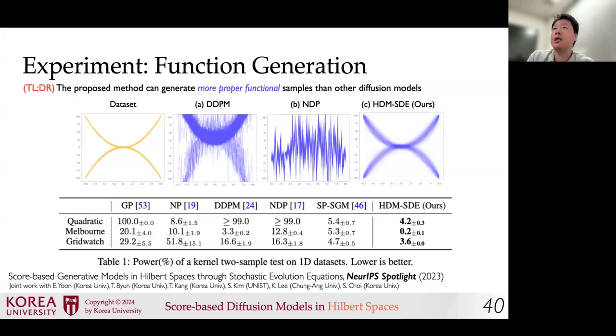Now let us show the experimental results. This shows the functional generation test using the HDM SDE, which uses the SDE in infinite dimensional space. We apply the HDM SDE to functional generation tests, which use different grid points in the training and inference phases. In the training phase, we fix the grid points, which use a uniform grid.